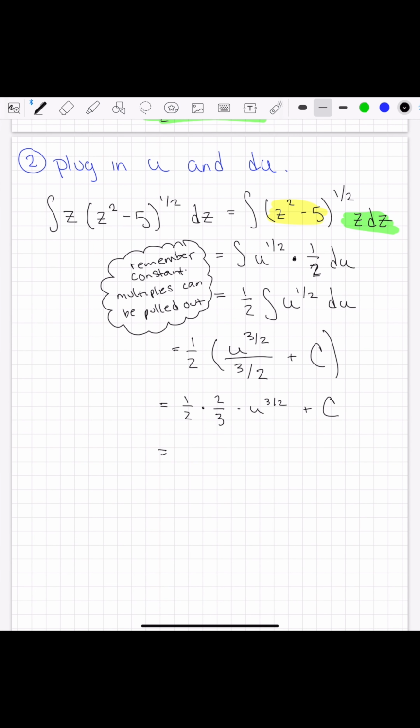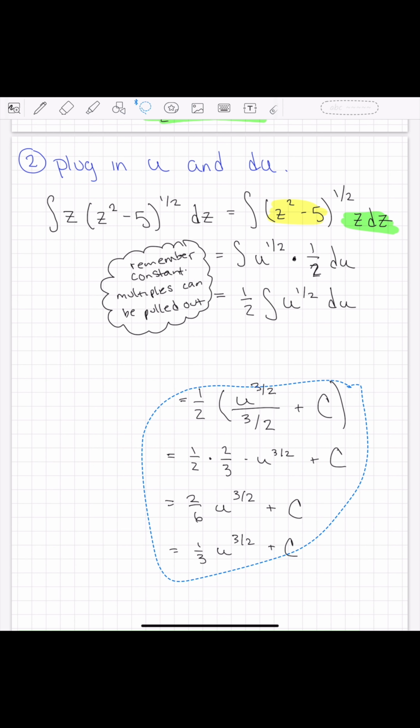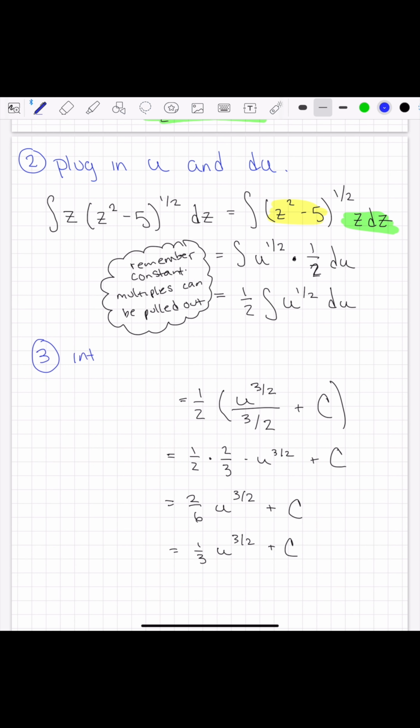This becomes 2/6 u to the 3/2 plus c, which simplifies to 1/3 u to the 3/2 plus c. Oh, I forgot to write a step in here. The third step, just so you have the steps written down, is that we integrated using the antiderivative formula.